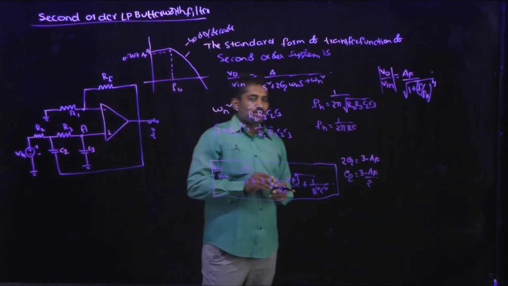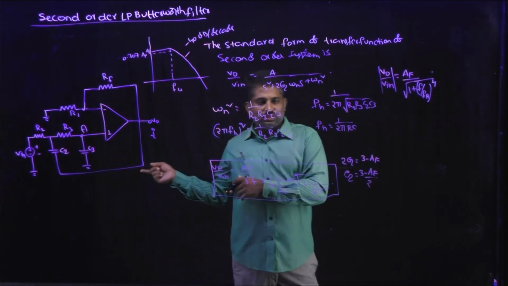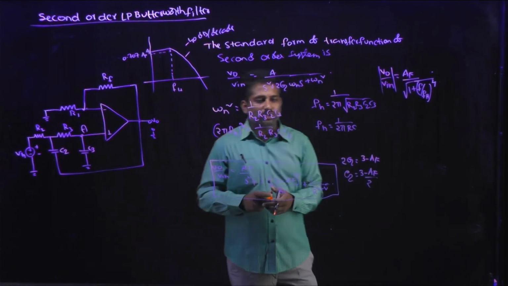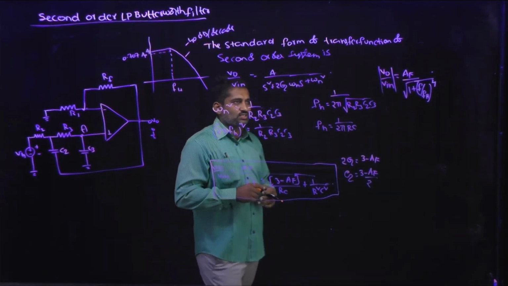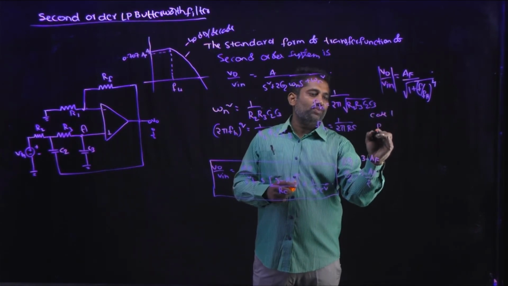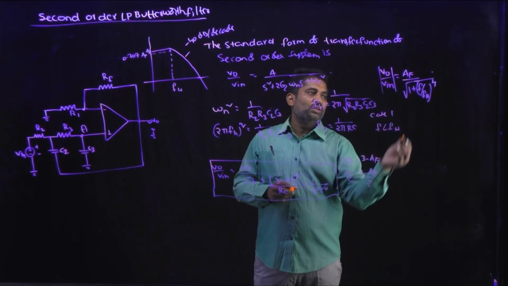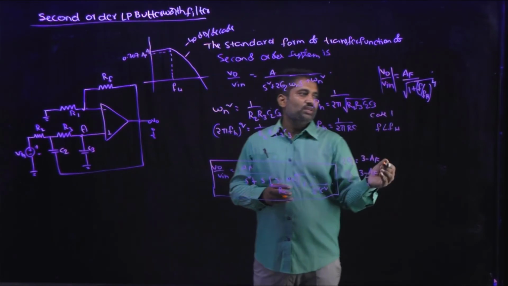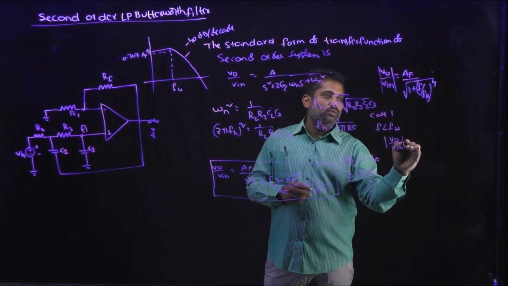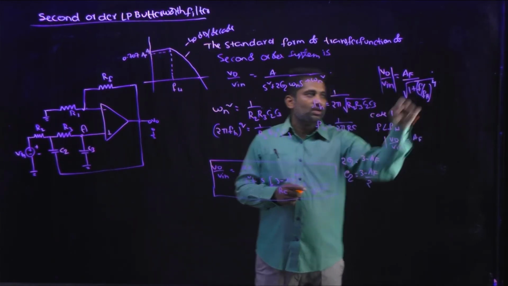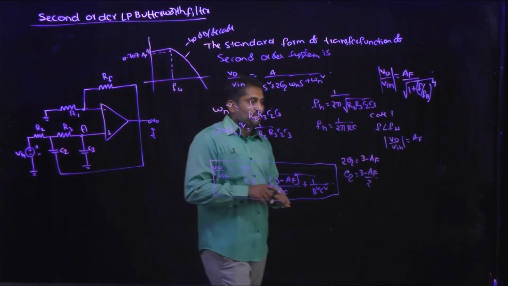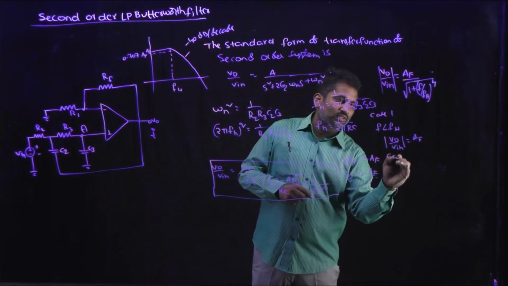See this one, same thing what we have written in the case of the first order low pass filter. Here also you have to calculate the same 3 cases. Case 1 is when F is less than FH. Then modulus of V0 by Vin will be equal to AF. Why? Because this term is neglected, then AF divided by square root of 1, so we will get AF.